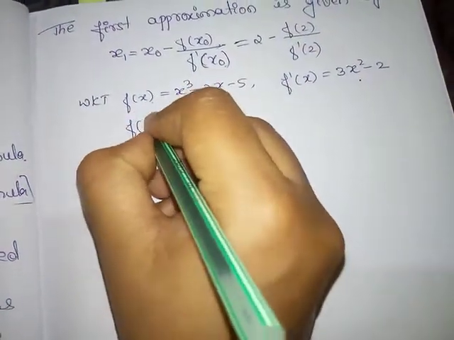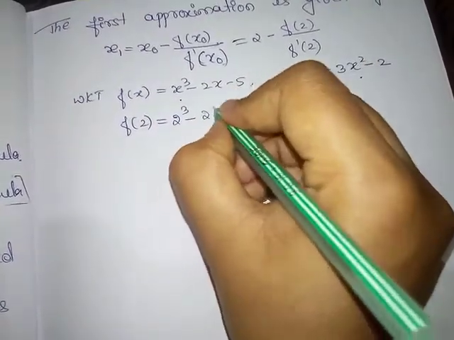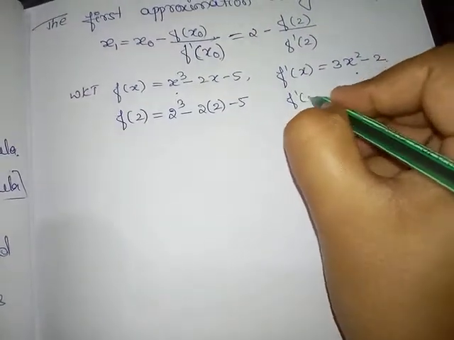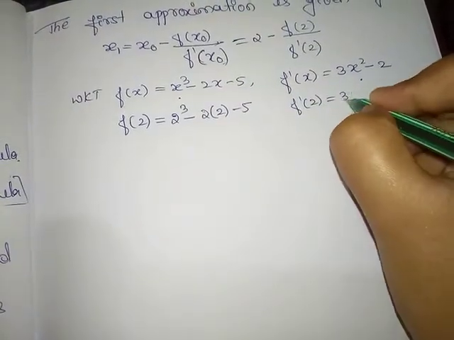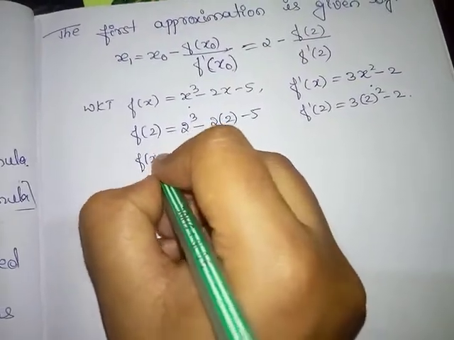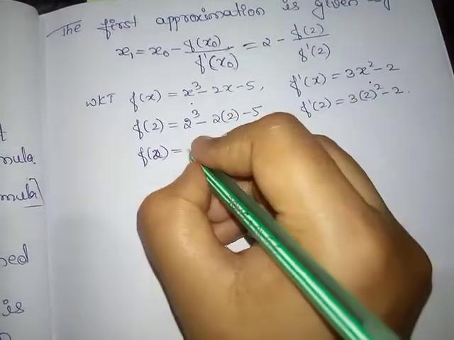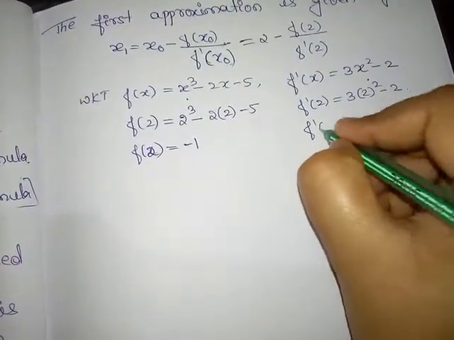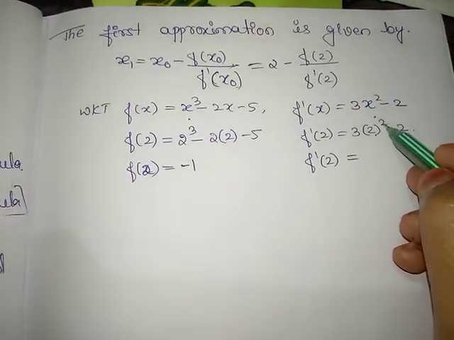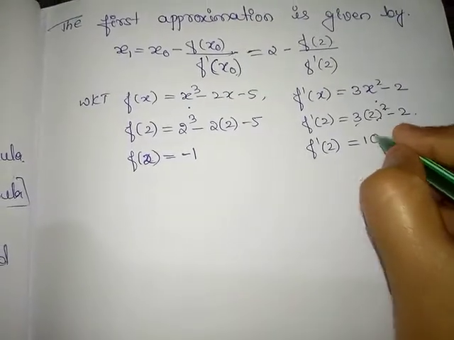Now find f of 2, which is equal to 2 cube minus 2 into 2 minus 5. F dash of 2 is equal to 3 into 2 square minus 2. We get f of 2 is equal to -1, and f dash of 2 is equal to, 2 square is 4, 4 threes are 12, 12 minus 2 is 10.